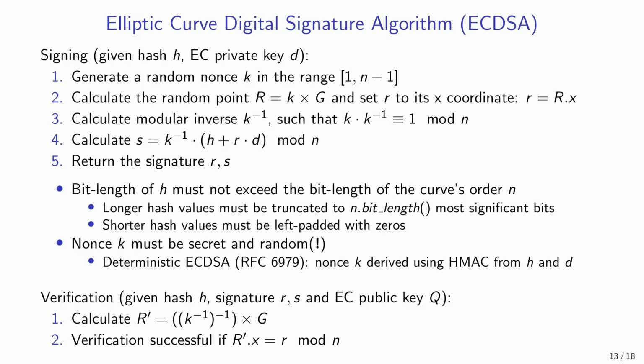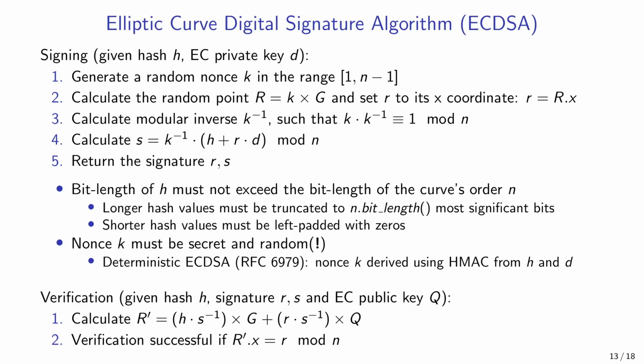And we know that the inverse of an inverse is the value itself. So as a result, we get that R prime is K times G, the same as here, and it must hold that the x-coordinate of this point is equal to R, in case the signature is correct. Okay?